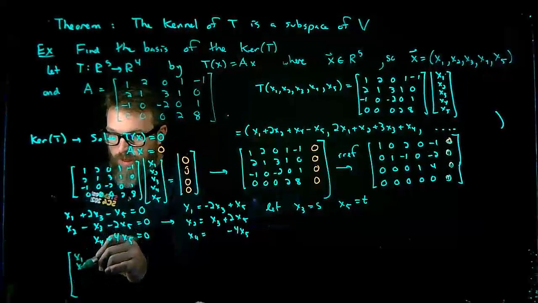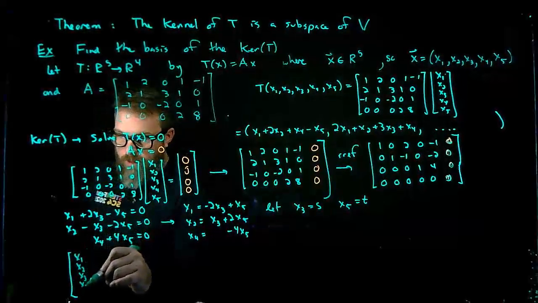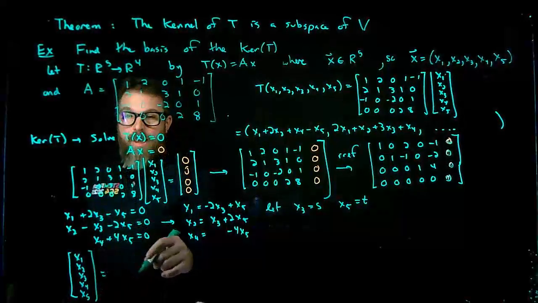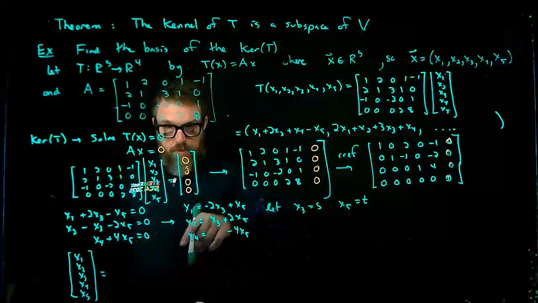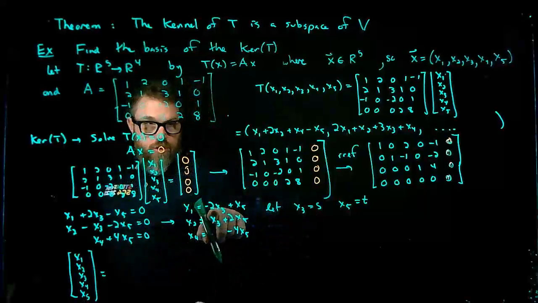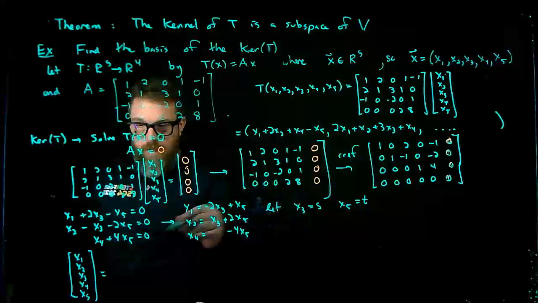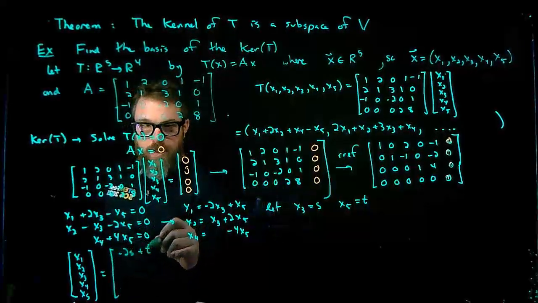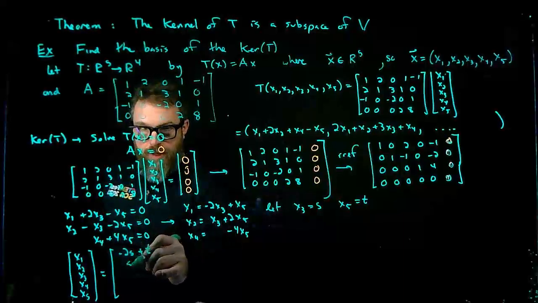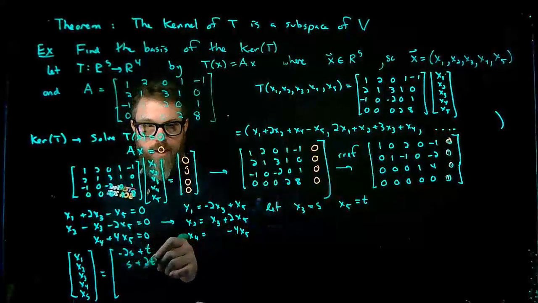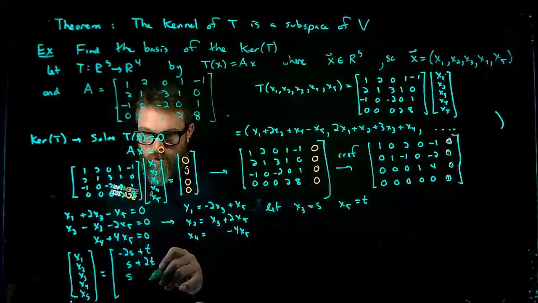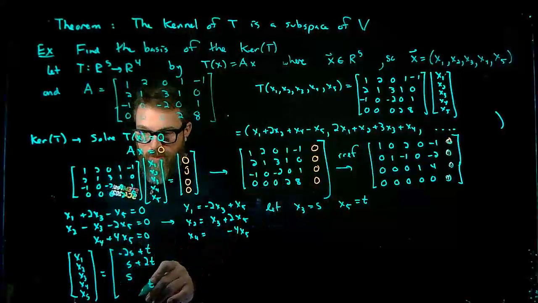So x1, x2, x3, x4, x5 is our input, and that's equal to this parameterized: x1 is minus 2s plus t, x2 is s plus 2t, x3 is just s, x4 is minus 4t, and x5 is t.